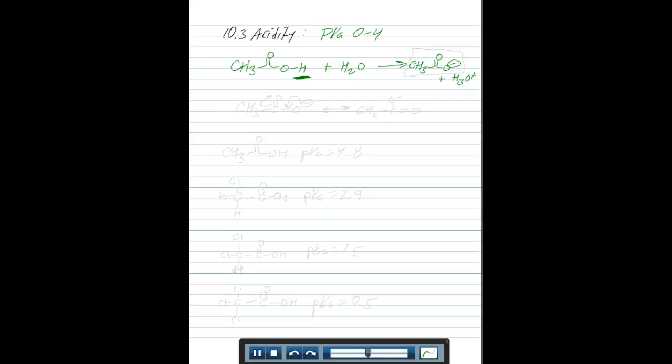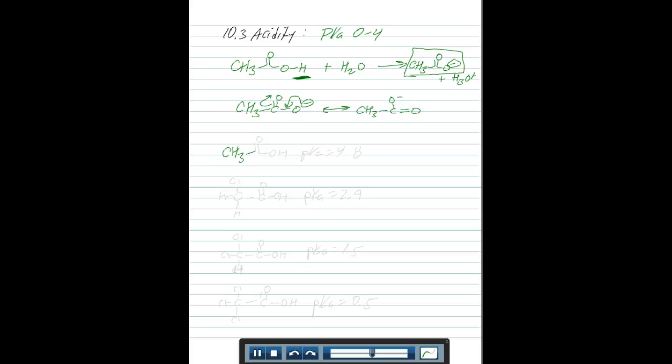Well, the ease at which this comes off is all dependent on how stable that molecule is. In acids, the reason these are acidic is because of resonance of that charge. And we said that the more resonant structures you have, the more stable that charge is. So if you put in other factors stabilizing that negative charge, it becomes more acidic.